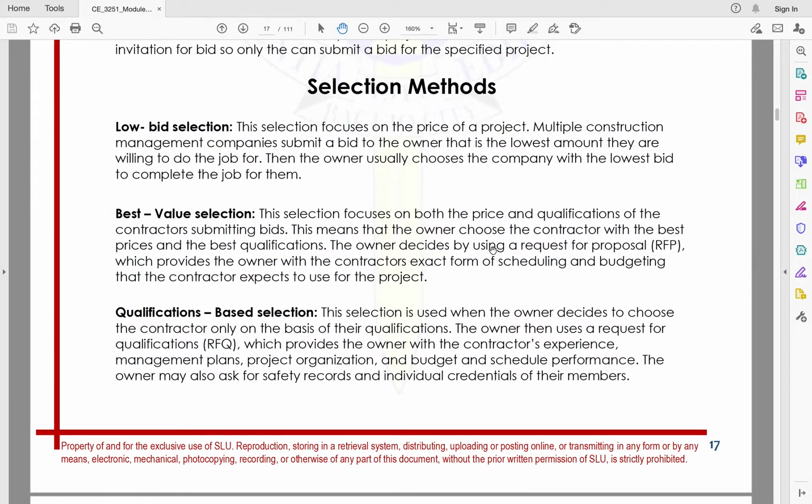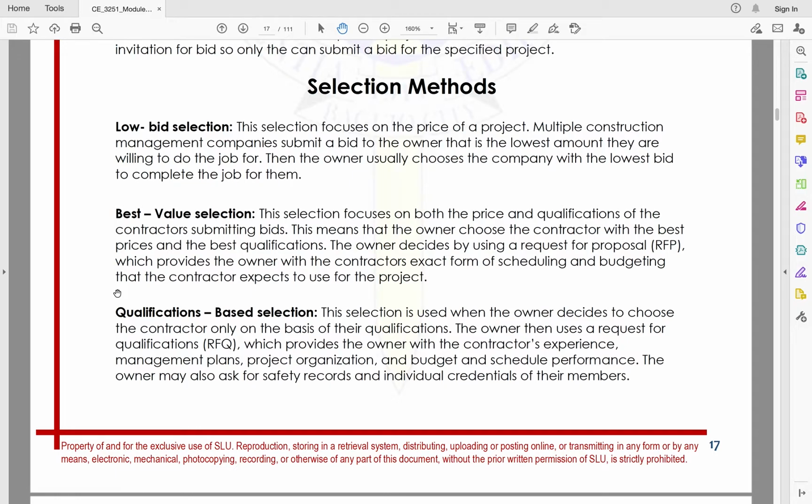The owner decides by using the request for proposal or RFP, which provides the owner with the contract's exact form of scheduling and budgeting that the contractor expects to use for the project. So sa RFP, nandyan yung plano nung nagbid.